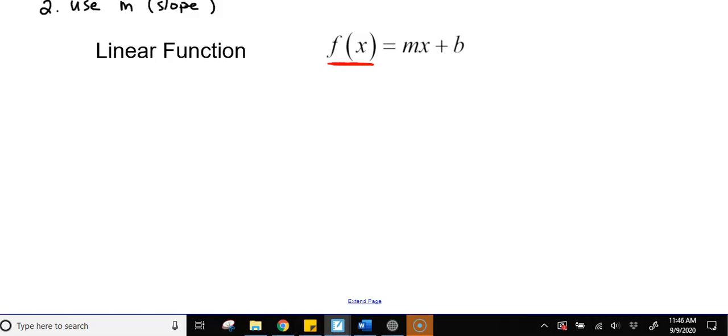So f of x is the exact same thing as y. So if you ever see something in function notation like that, it doesn't really matter. You can change the f of x to a y, and it means the exact same thing. And that's probably the most common way that you're going to see a function or an equation written for a line, is y equals mx plus b.